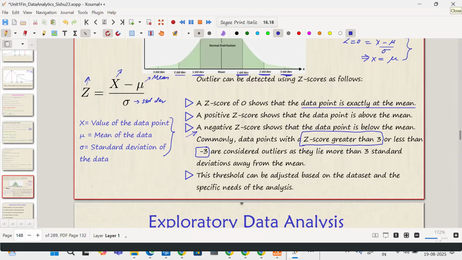I hope you got that. The important point is, if you compute the z score, and it is greater than 3 or less than minus 3, any data point with a z score in this range will be considered an outlier.